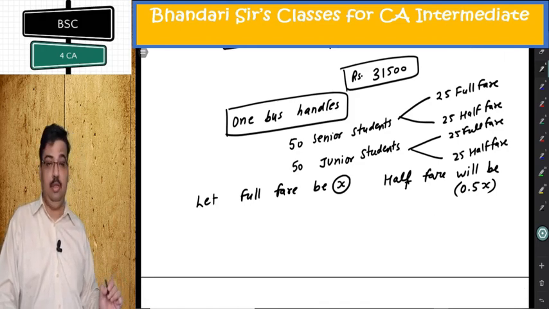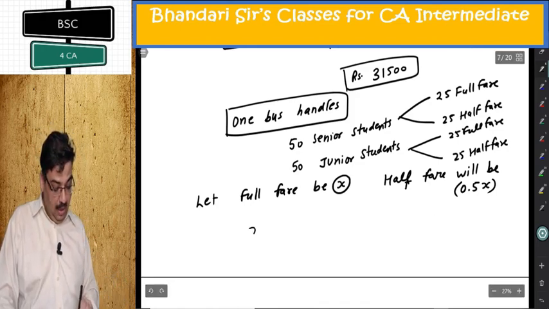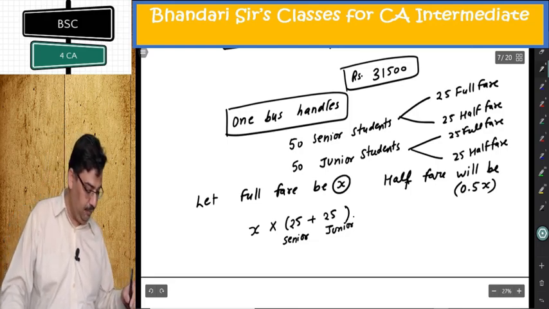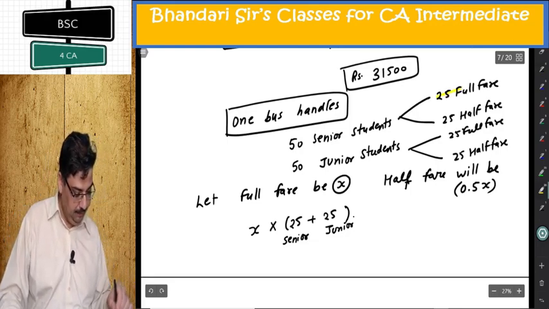Monthly I am talking, everything monthly. Now X into 25 senior plus 25 junior. Full fare students I have talked. I have talked which category?